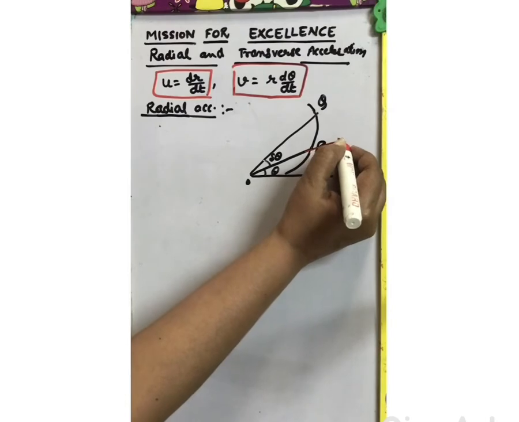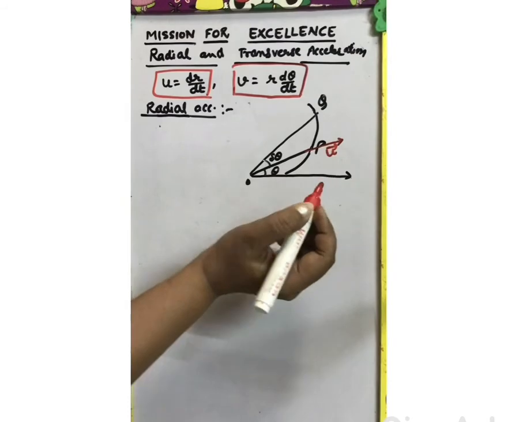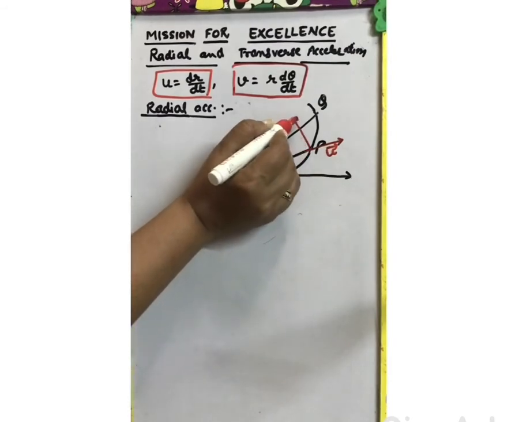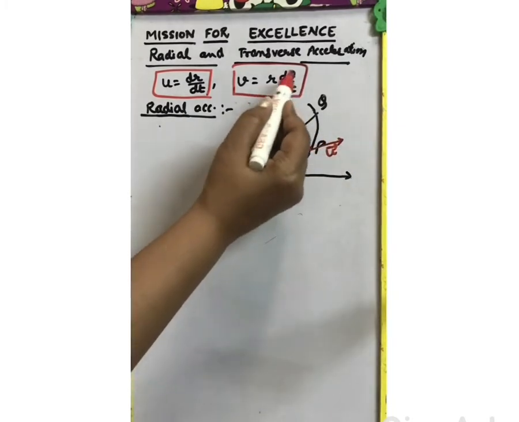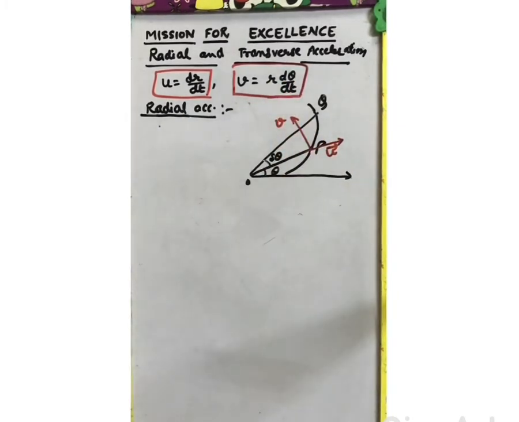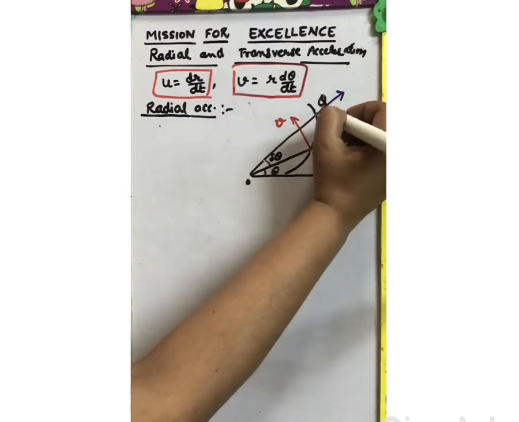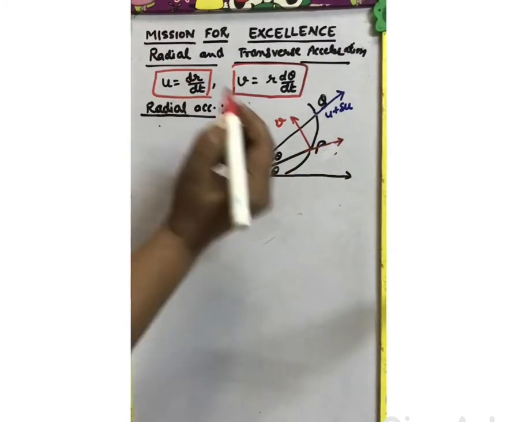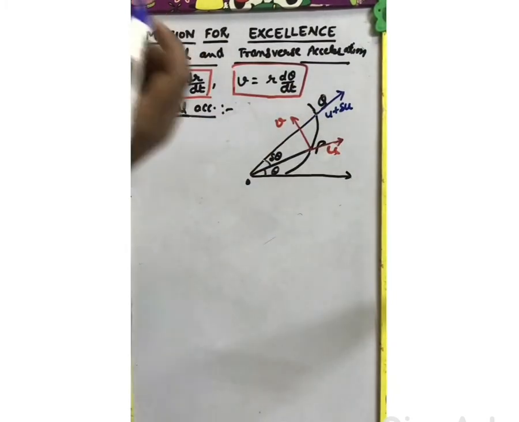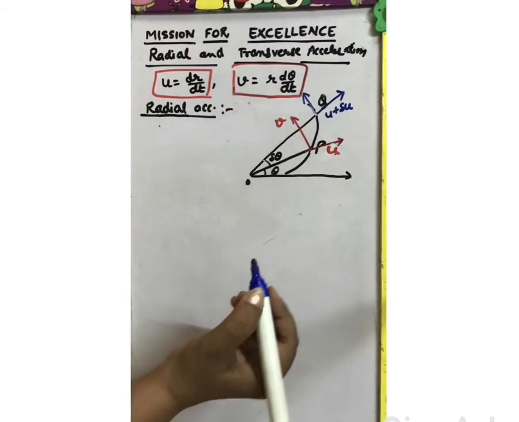Now at point P, the component of the velocity along the radial vector, that is the radial component, we take as u, and perpendicular to this we take v, that is r d theta by dt. And at point Q, the velocity along the radius vector will become u plus delta u, and in the perpendicular direction it will become v plus delta v.